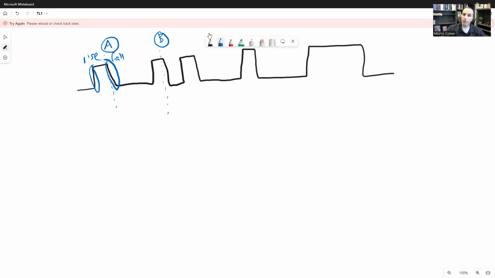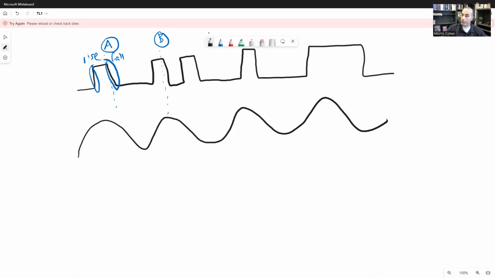In the case of a sinusoidally varying signal, though, we're dealing with something that looks like this. There's a sinusoidal variation to it. And let's say you know the frequency is F, and we've all agreed on what that frequency is, which is very common in RF or AC or sinusoidal applications.